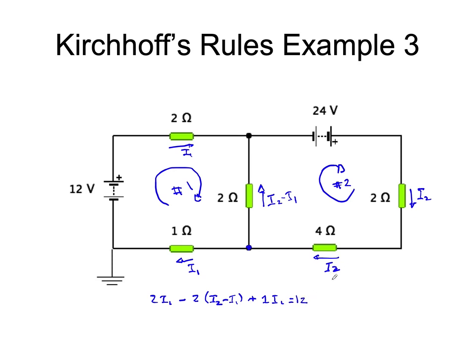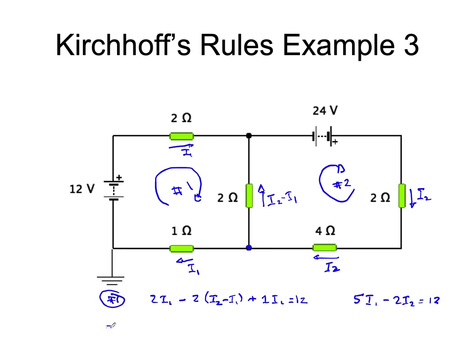That equation can be simplified down to 5I1 plus or minus 2I2 equals 12. All right, so this is loop number 1.